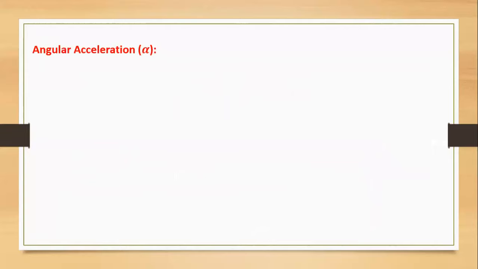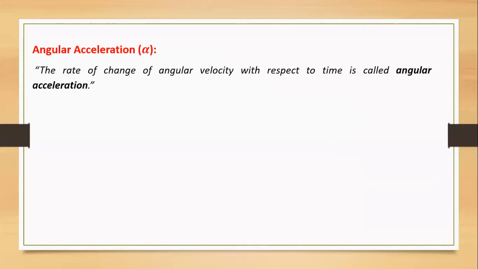Now the next quantity is angular acceleration. What is angular acceleration? You know linear acceleration a is dv by dt; the rate of change of linear velocity is the linear acceleration. In a similar way, we can define angular acceleration.